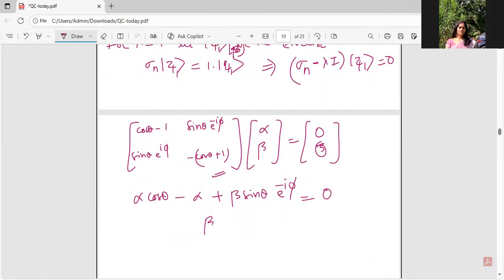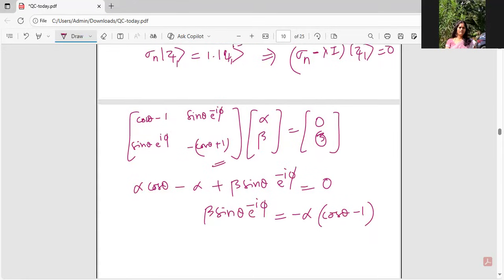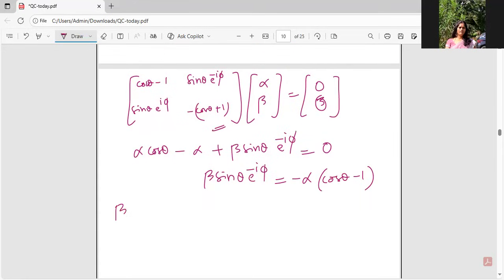Now you see, beta sine theta e power minus I phi is equal to alpha into cos theta, alpha into 1 minus cos theta. Minus alpha into cos theta minus 1, I can write like this. Now you see, guys, beta sine theta can be written as 2 sine theta by 2 cos theta by 2.